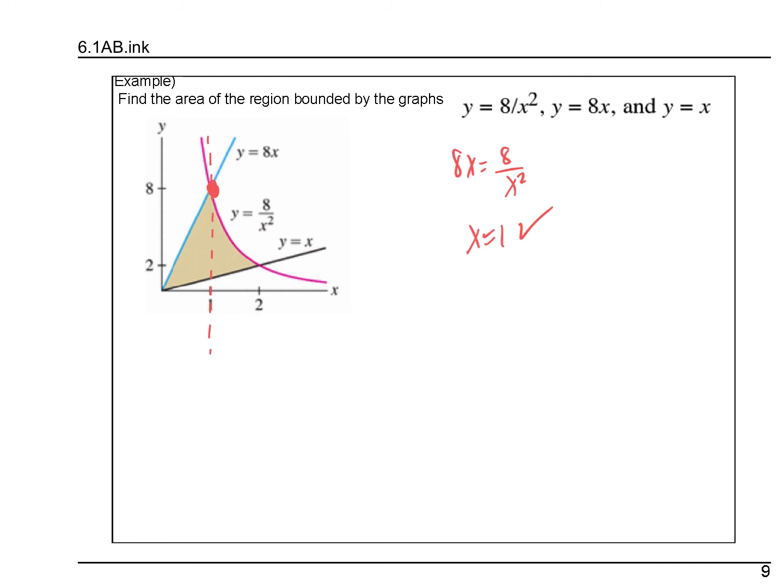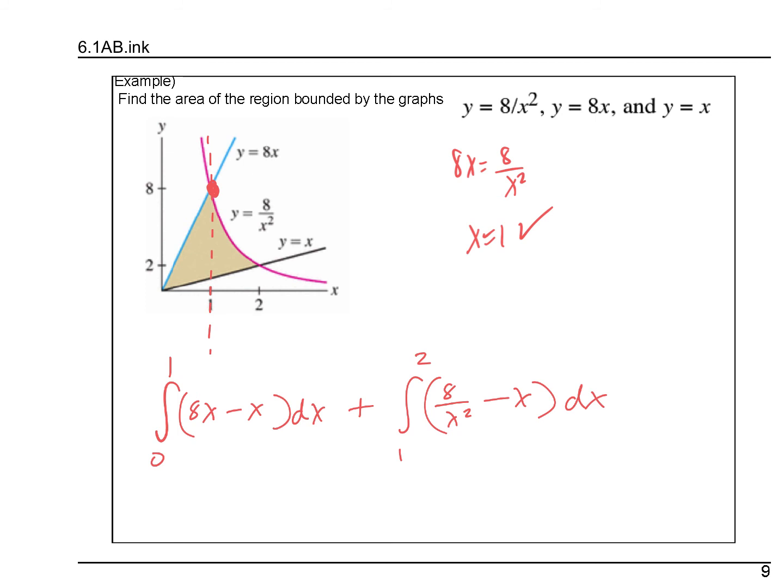So you split it up right there, and you would do the area in between y equals 8x and y equals x from 0 to 1. And then you would add the area in between 1 and 2 of y equals 8 over x squared and y equals x.